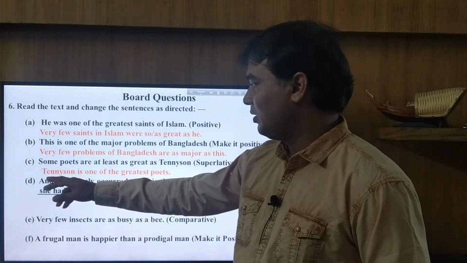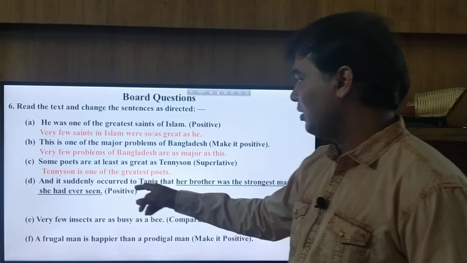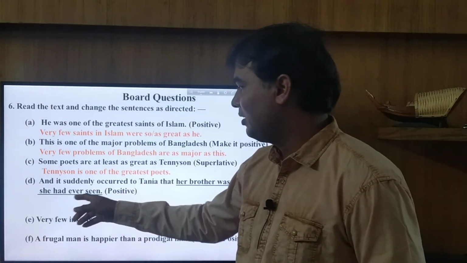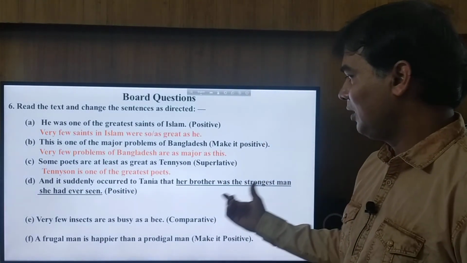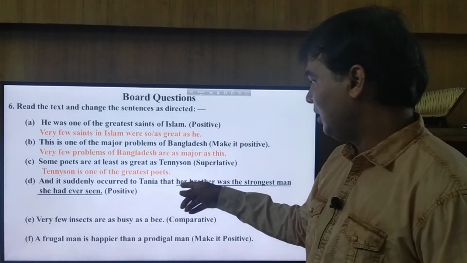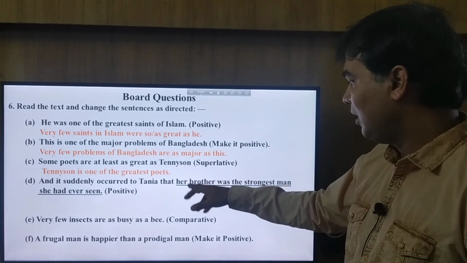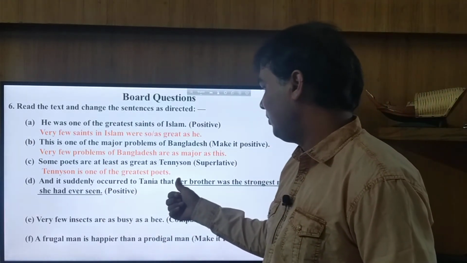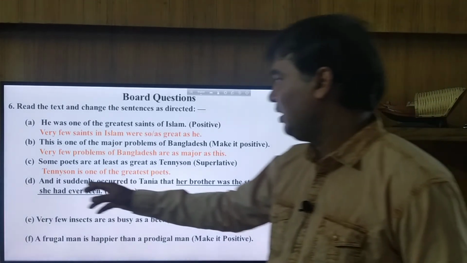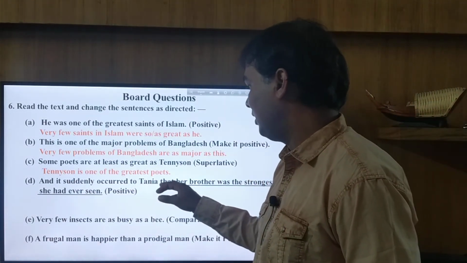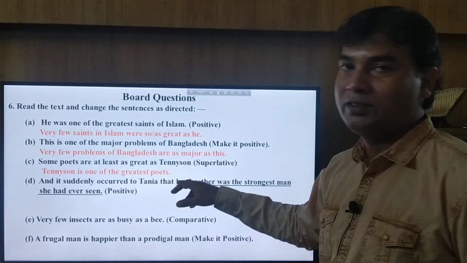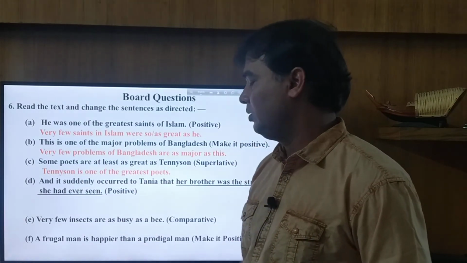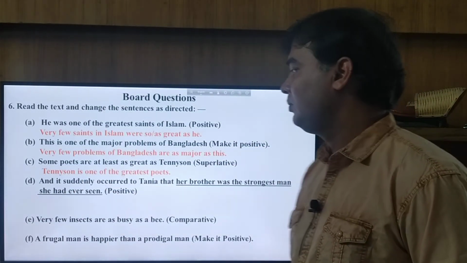Now question number D. And it suddenly occurred to Tanya that her brother was the strongest man she had ever seen. Okay, this is a long sentence, and here you see the underlined words are, her brother was the strongest man she had ever seen. In fact, this is the principal clause, and it suddenly occurred to Tanya that, this is the additional clause. You need not think of this portion. You should write it as it is.